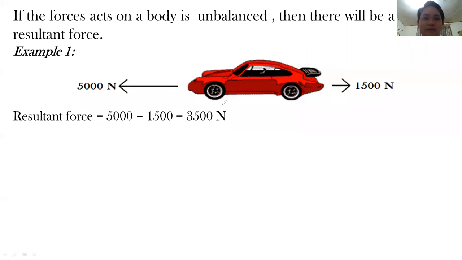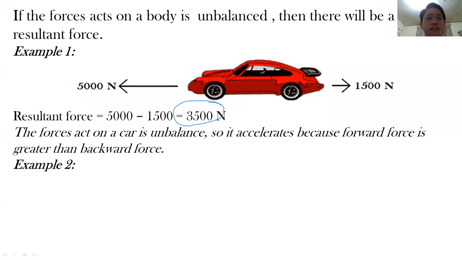So what does it mean? The forces acting on the car are unbalanced. It's very obvious in the illustration. So it accelerates because the forward force is greater than the backward force, as I mentioned a while ago.